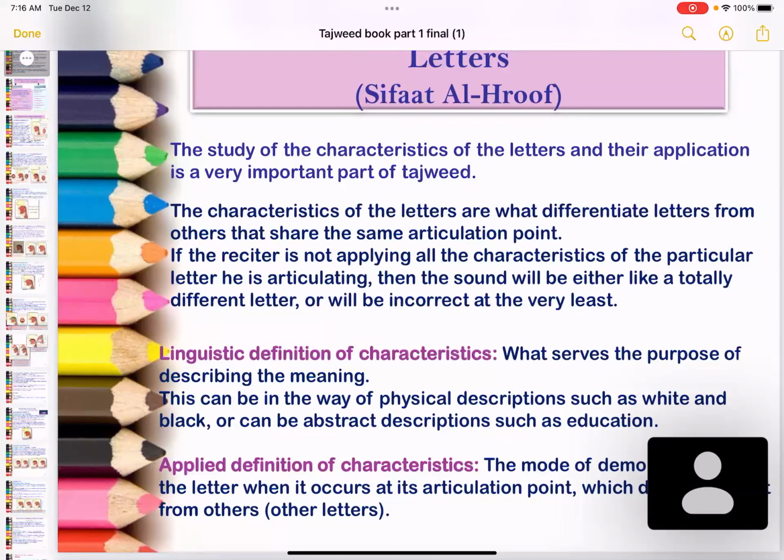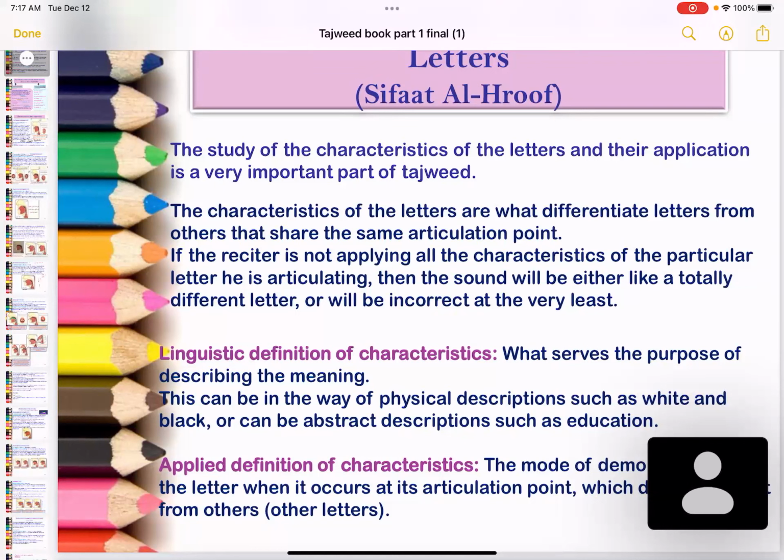The same with the letter qaf and kha, right? They are very close in their articulation points. If you remember, kha is from the top of the throat, and qaf is from the back of the tongue. So the articulation points are very close.